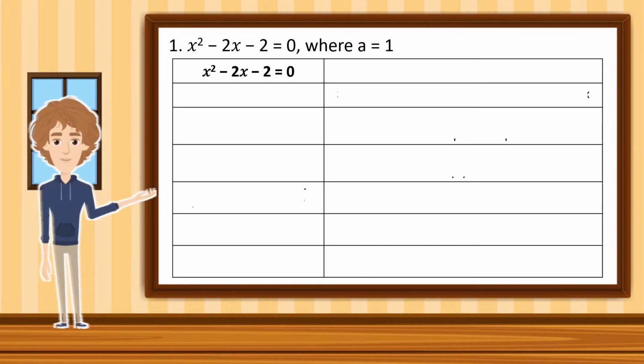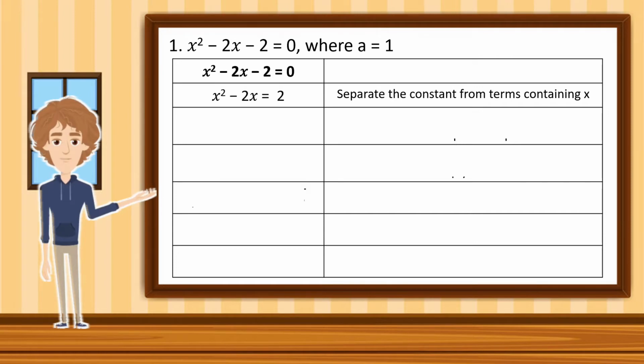It is now time to solve the roots of x squared minus 2x minus 2 is equal to 0, where a is equal to 1, by the use of completing the square. The first thing that you need to do is separate the constant from the terms containing x. And there you go.